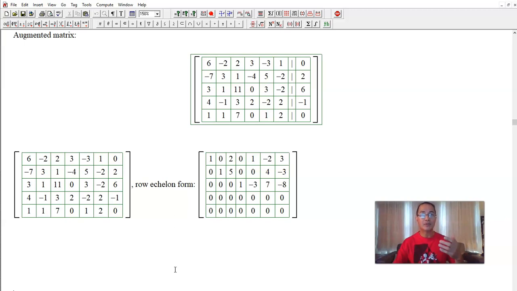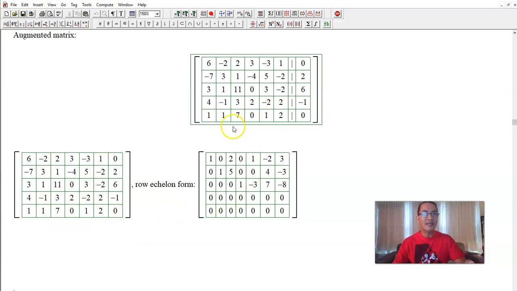It becomes all zeros. That should tell us that if we rewind all of those operations, it would be possible to express one of these rows as a linear combination of the other rows.